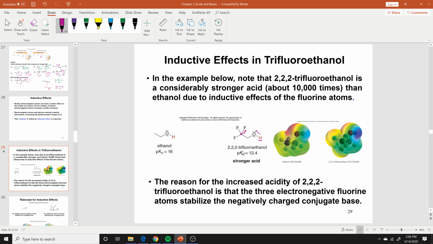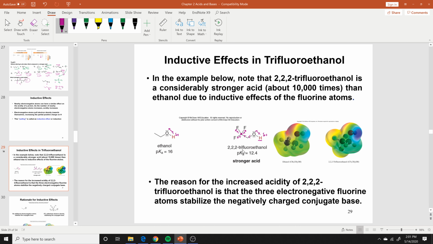So oxygen is going to pull electrons away from the hydrogen, leaving the hydrogen partial positive. Same thing here. It's going to pull electrons away from the hydrogen and leave the hydrogen partial positive. However, in this compound you have additional electronegative elements, and these are going to pull electrons away from the hydrogen through the sigma bonds towards the fluorine.